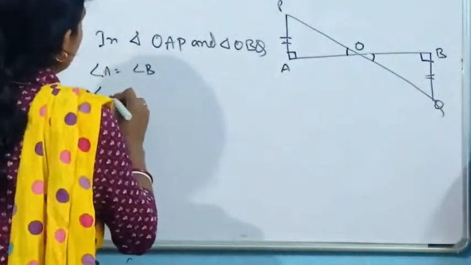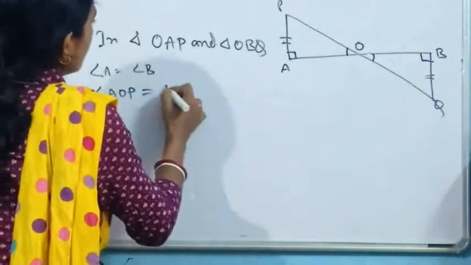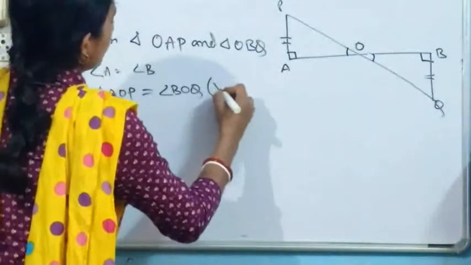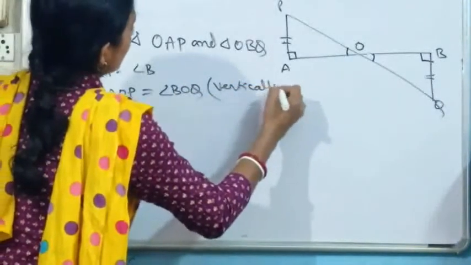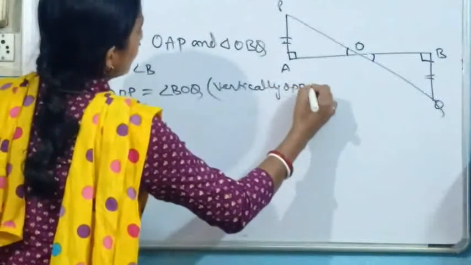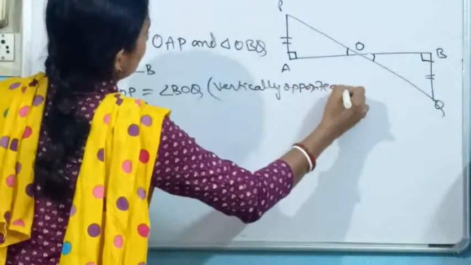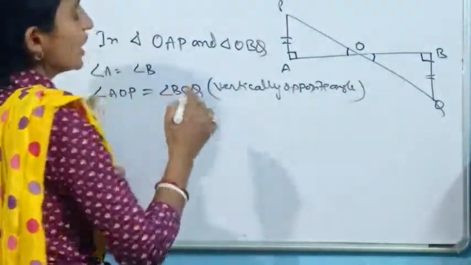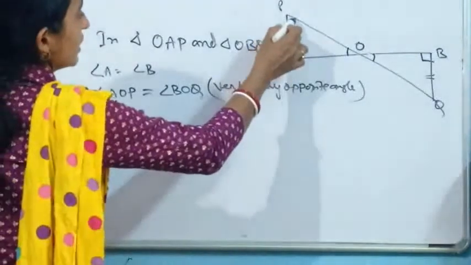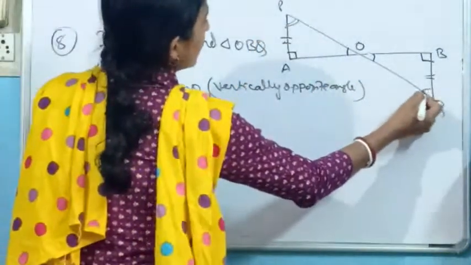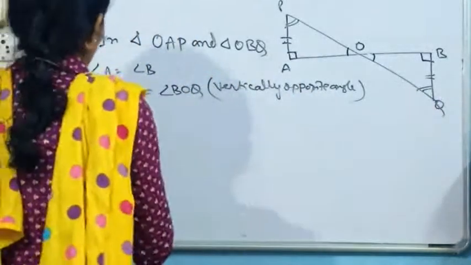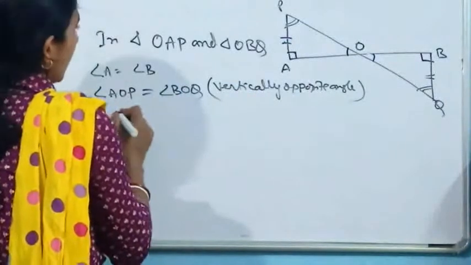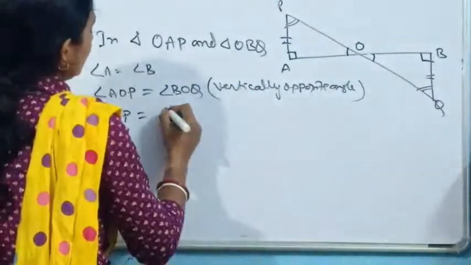And angle AOP equal to angle BOQ, because they are vertically opposite angles. So definitely, if I am getting two angles equal, I can go for the third angle. Angle P will be equal to angle Q.